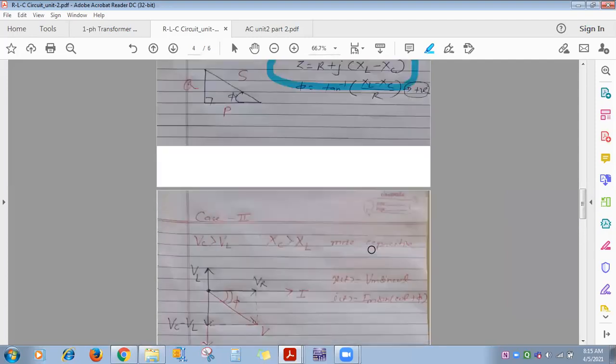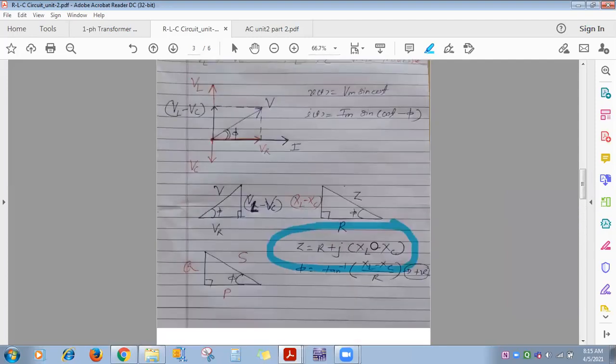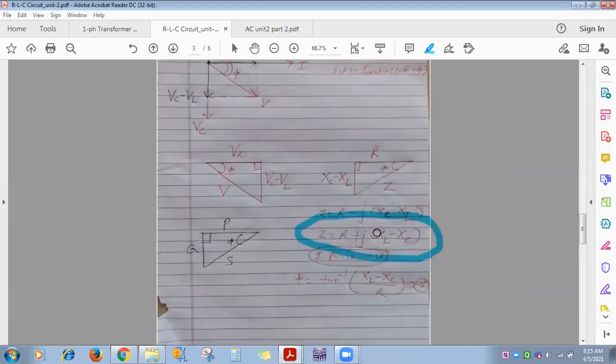Now what will happen for more inductive: as XL is greater than XC, the imaginary part will be positive, phi will be positive, isn't it? It means it's more inductive. But if you find the imaginary part is negative, what does it mean?